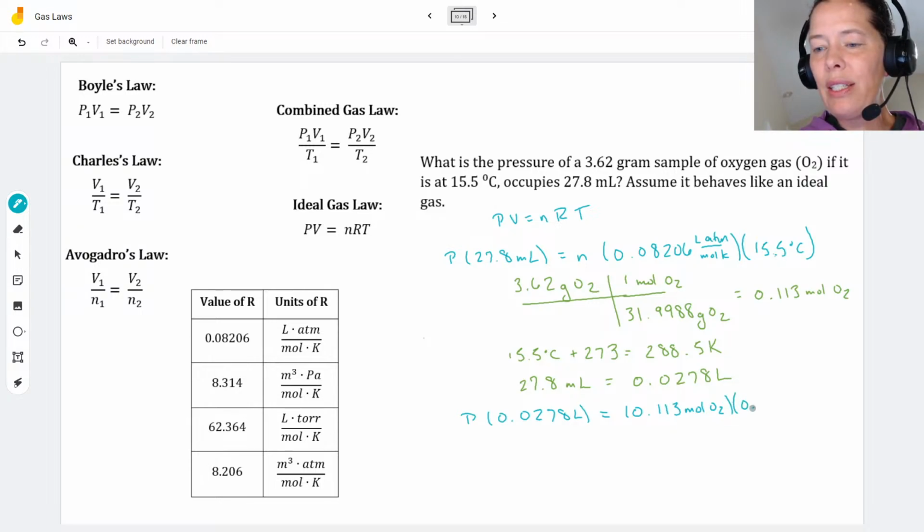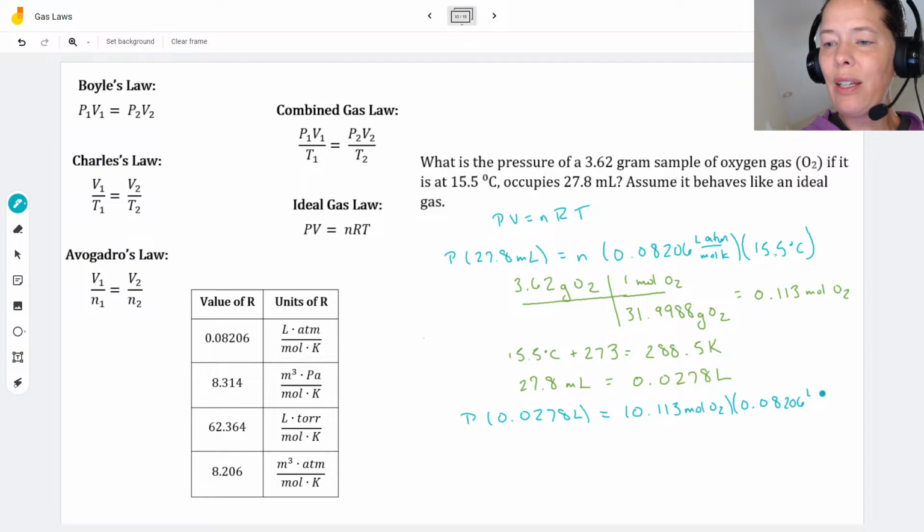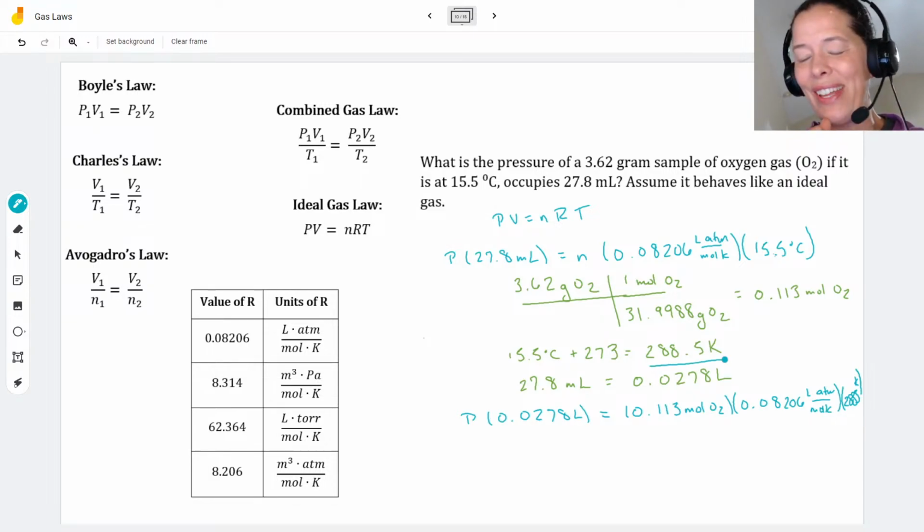My R is staying the same, 0.08206 liter atmospheres over mole Kelvin. I'm going to try and squeeze my temperature in. That is my 288.5 Kelvin.